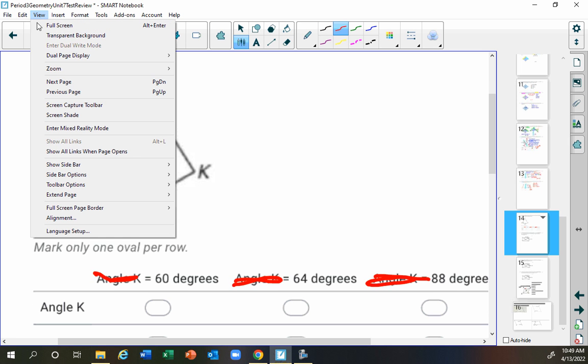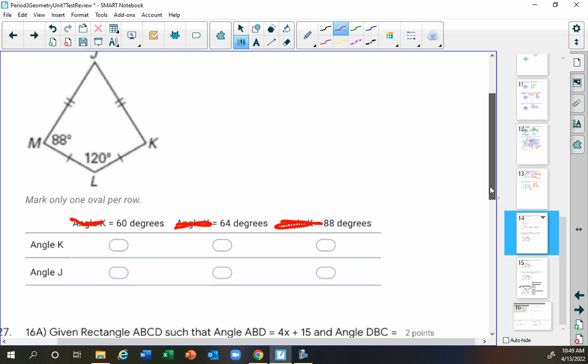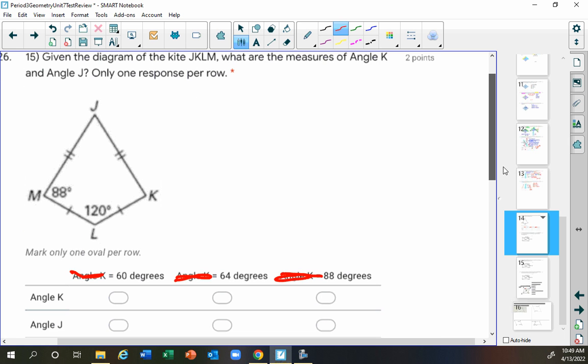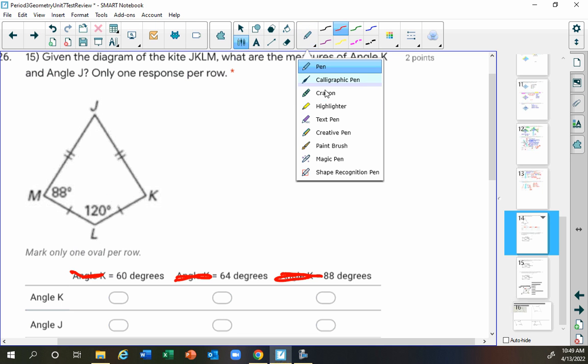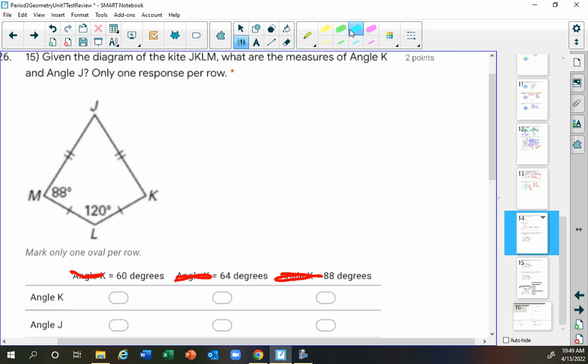Let me make this smaller. All right, with kites, the congruent angles are the ones that go across from each other. So basically, you don't see it, but you kind of have a mirror taking place right there.